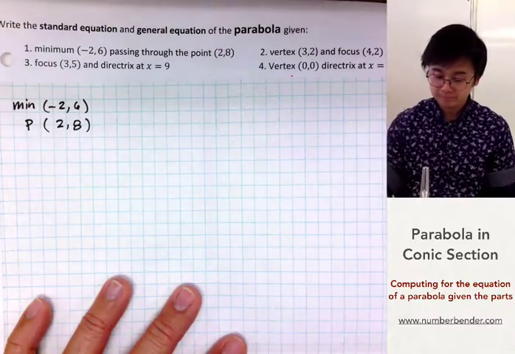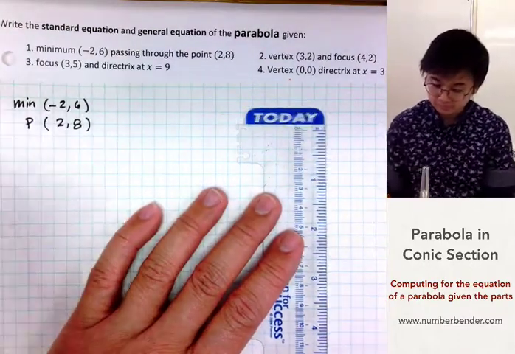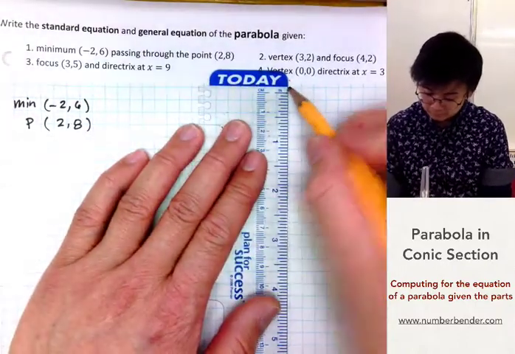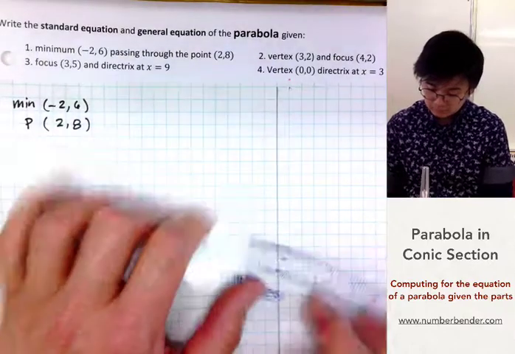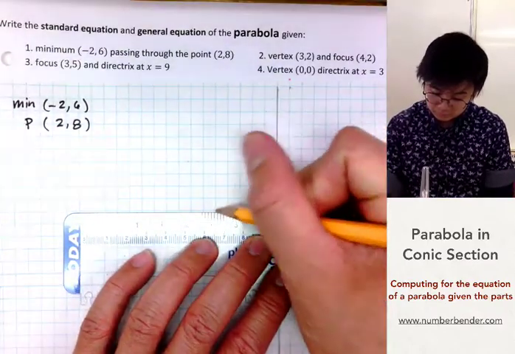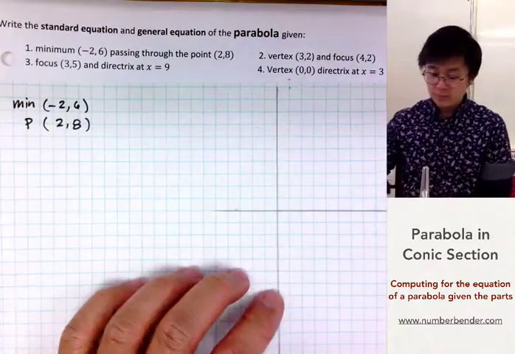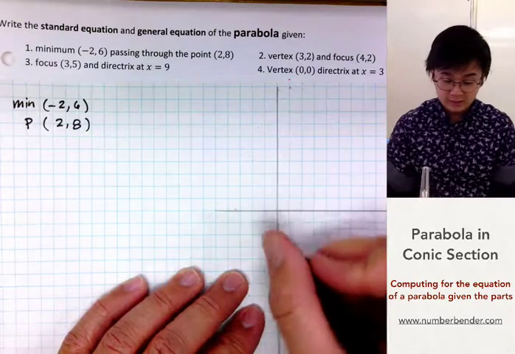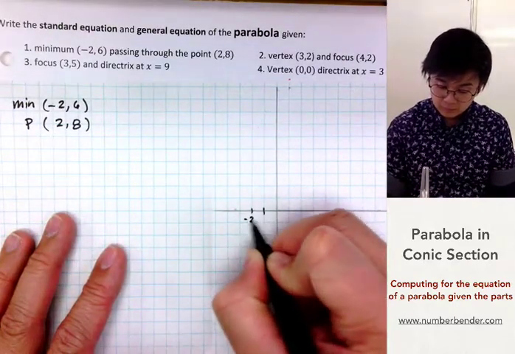So in this case, we have the minimum point, which is at -2, 6.